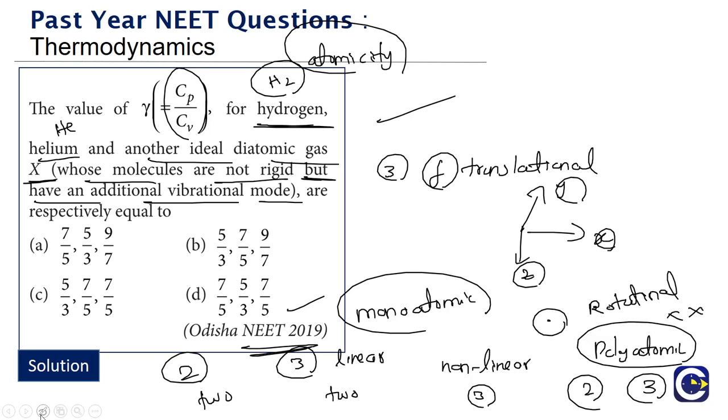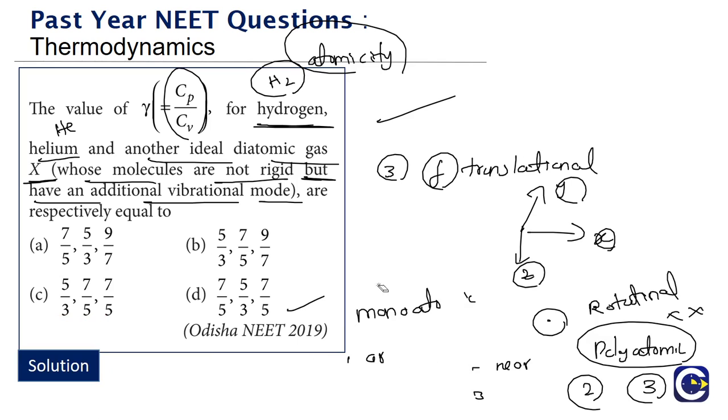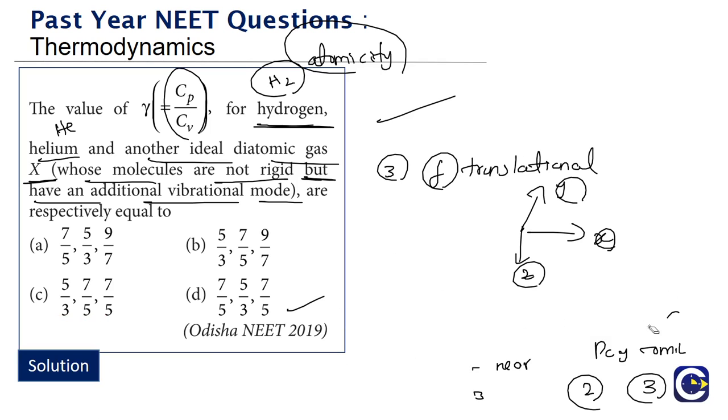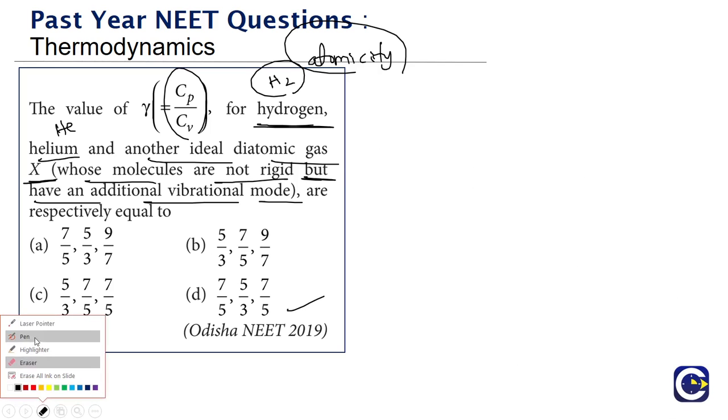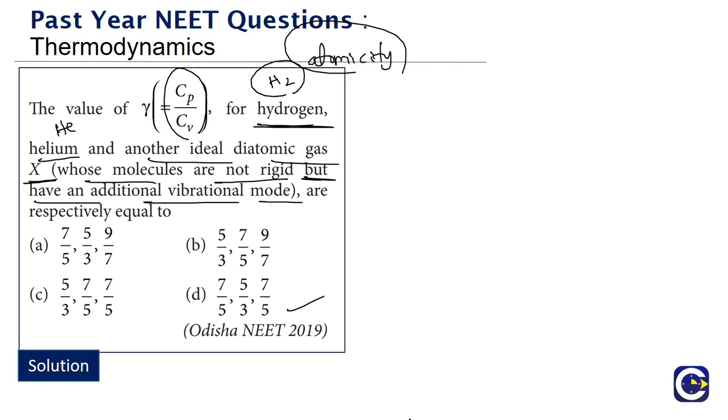Now the vibration will be another form of energy that can be associated with the particles in a gas. Starting from the diatomic, for monoatomic there will be no concept of vibration. If you take a diatomic molecule, they'll have some inter-particle distance.